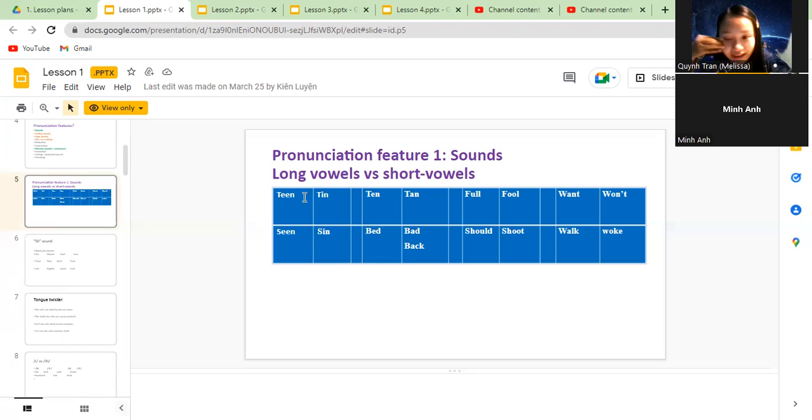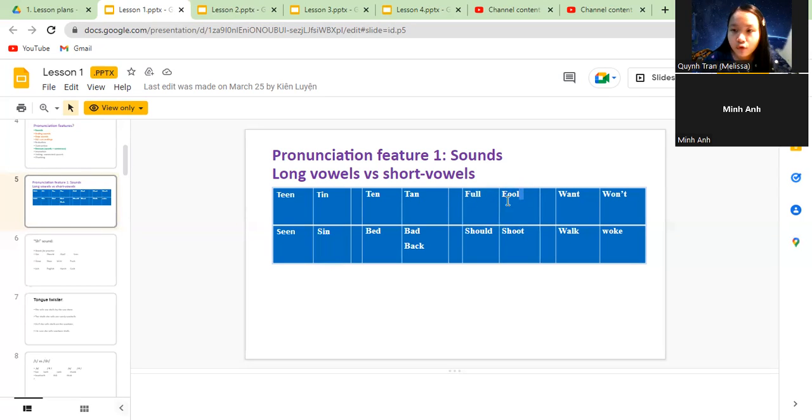Yeah. Again, in the long one we stretch our mouth, but in the other word we just relax our mouth. It's the same as this one.